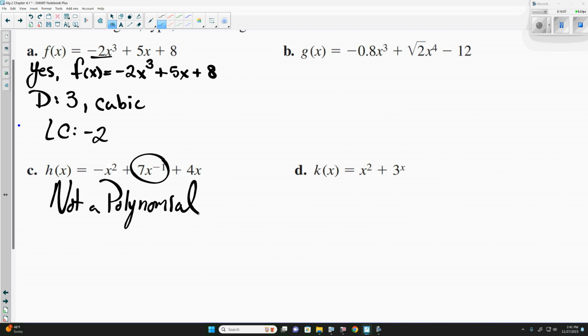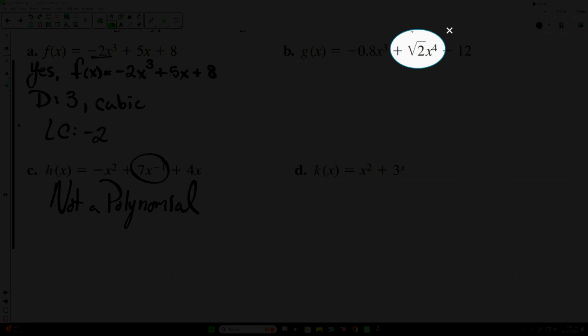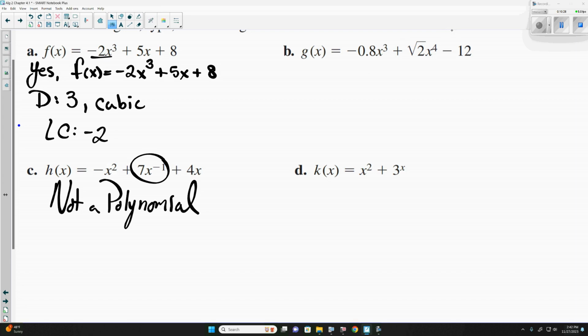How about B? Because, well, you can't square root the x into 2. Or not square root. So this piece right here, yes? Is the x to the fourth inside the radical? The radical part doesn't matter because the square root is only affecting the 2, not the x to the fourth.